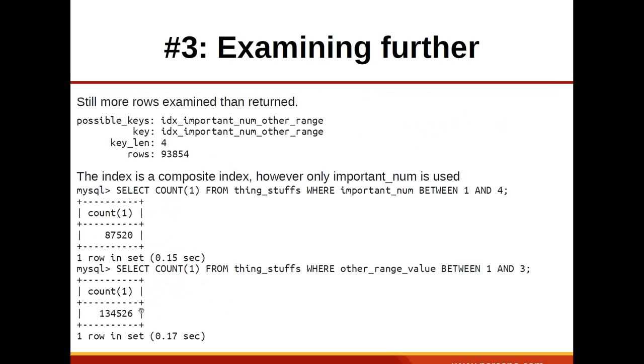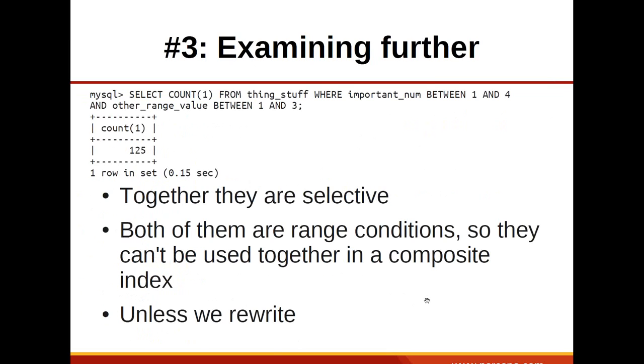And if we are selecting the other count, that one is higher. So if we have to choose from the two of these, really the important number is a better choice than other range value. But do we have to choose?